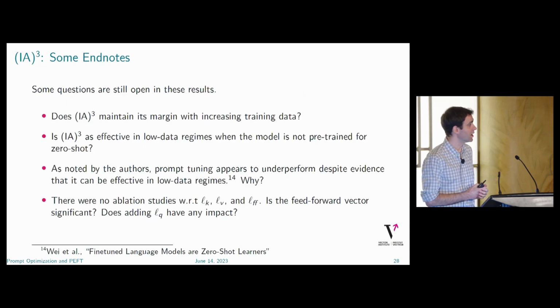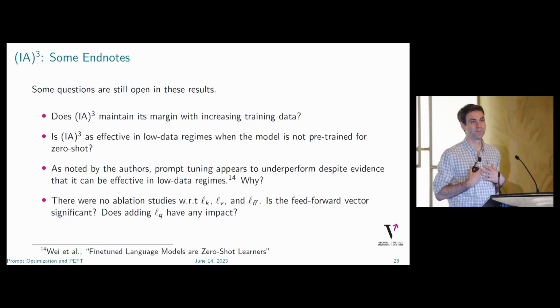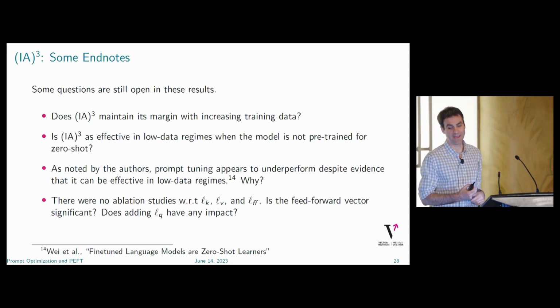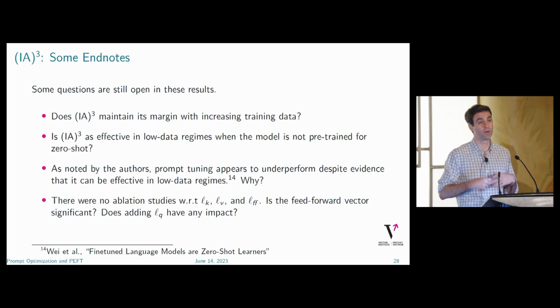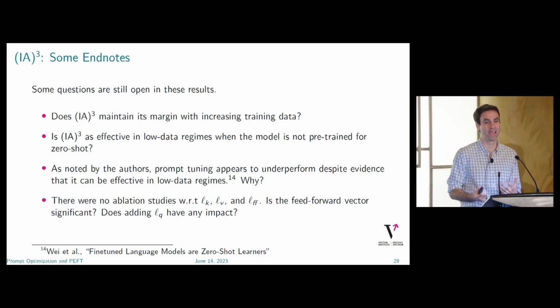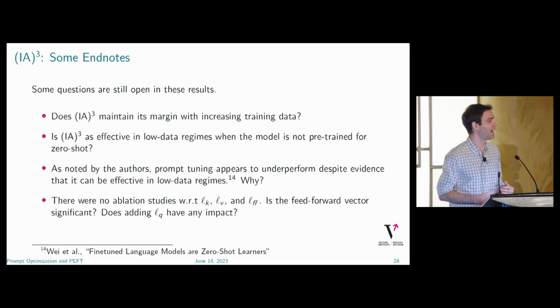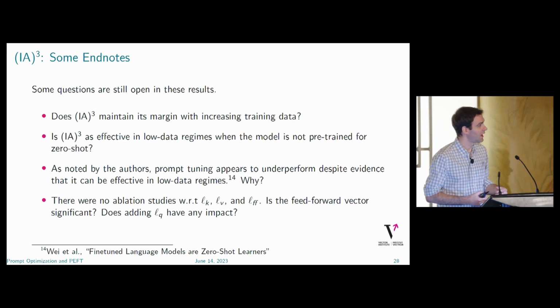Great, so just some end notes associated with IA3, personal questions for me, as it's a fairly new method. Does IA3 maintain its margin with increasing training data? They don't talk about that in the original paper. Is it effective in data-rich regimes where you're not cheating a little bit by having an underlying model that's already good at zero-shot predictions?